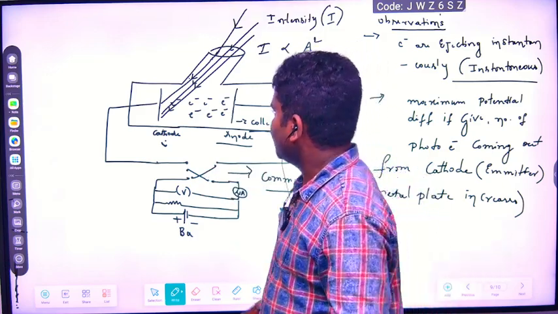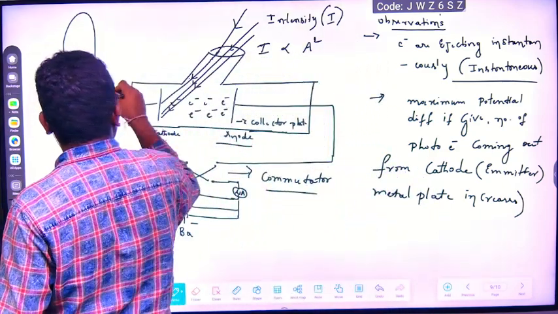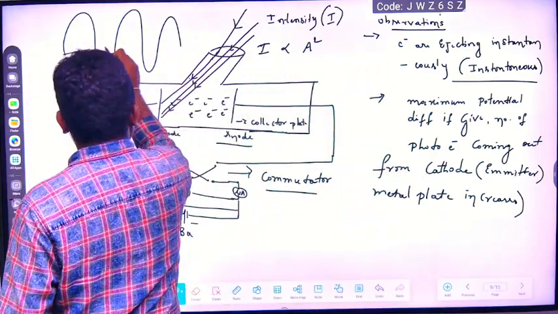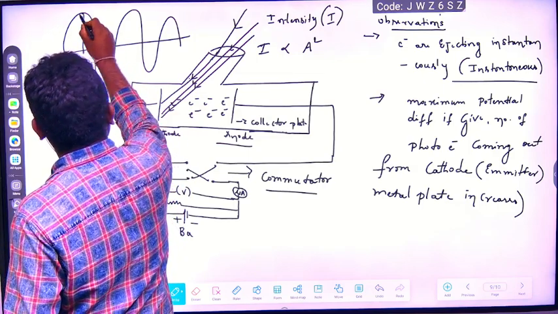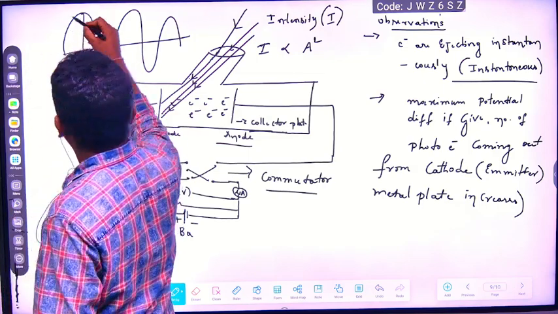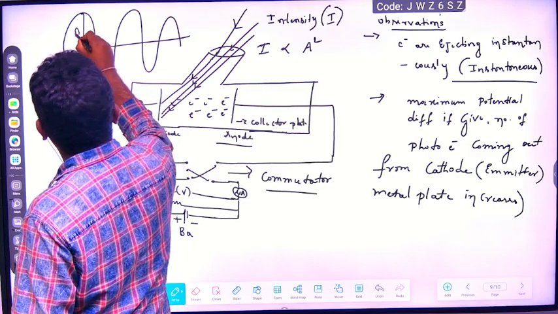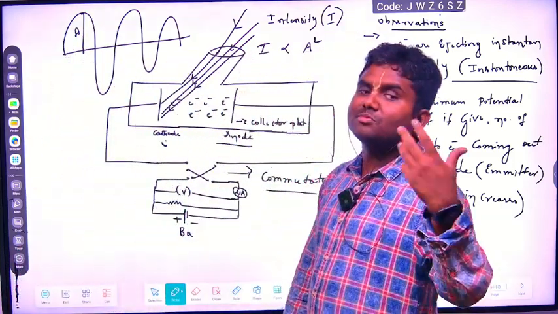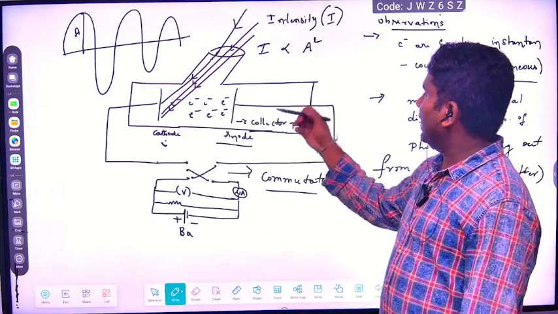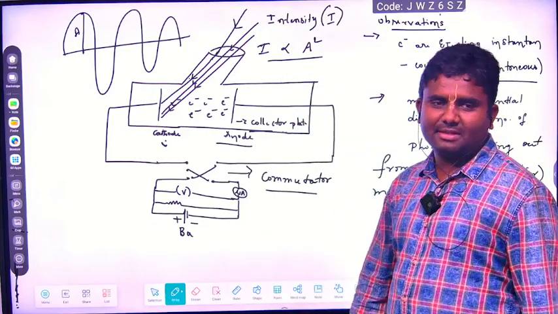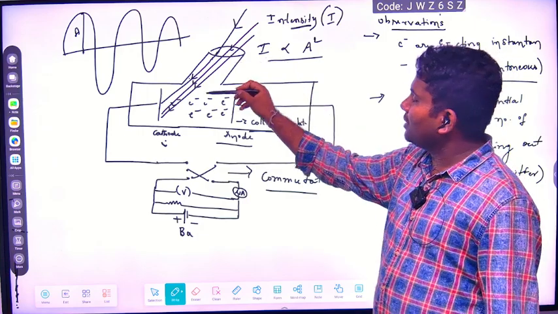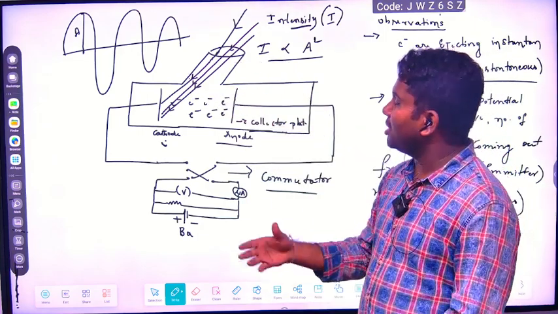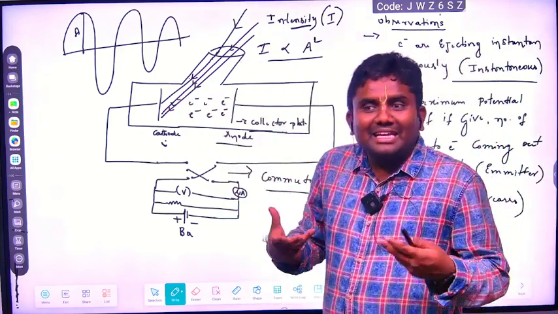When you studied in first year, a light wave goes like this, for example; from the origin, the maximum displacement of the crest or trough is what we call amplitude. If the amplitude is more, then intensity increases. Square of the amplitude is intensity. So if the intensity or brightness is more, the number of electrons coming out from the metal surface increases.